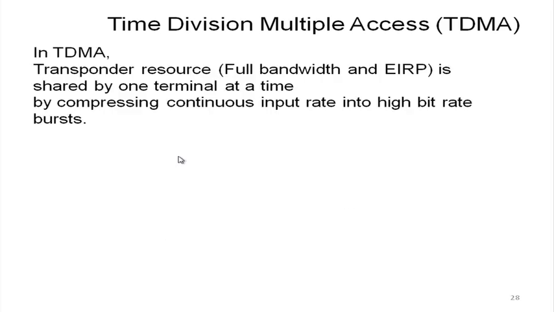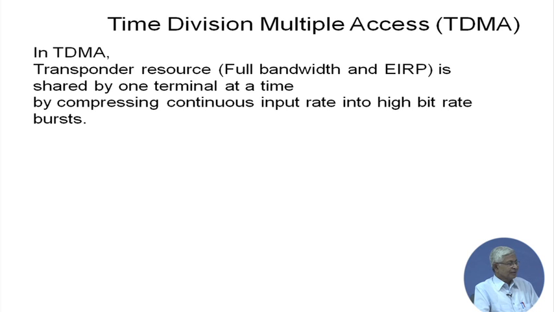In time division multiple access, the resource, that is the bandwidth and power available from the satellite, is shared by one terminal at a time. That is, one terminal is given the full bandwidth and full power available at the satellite. But to do that, let us say voice is going and you have some 12 stations.